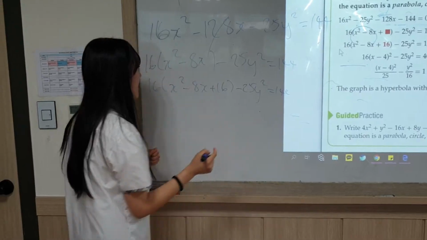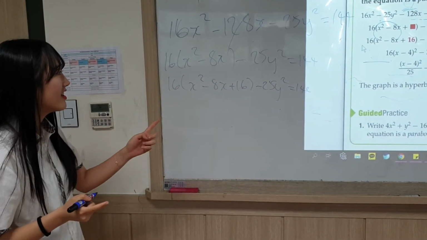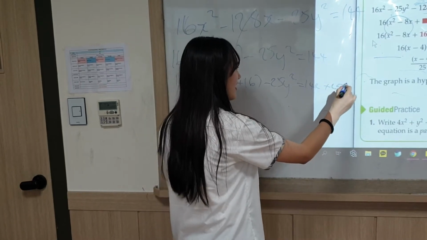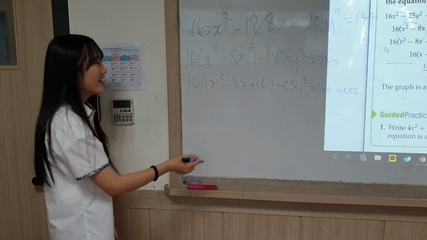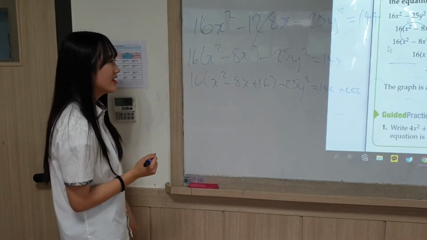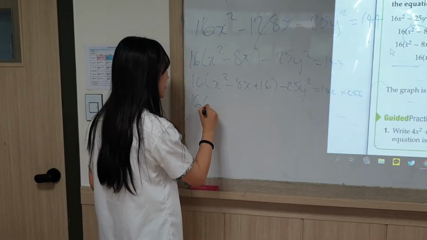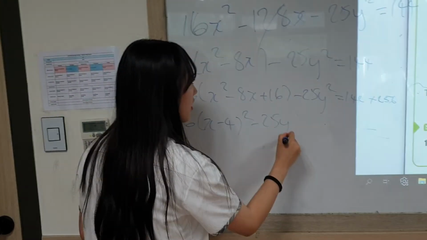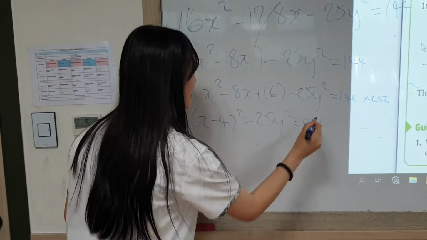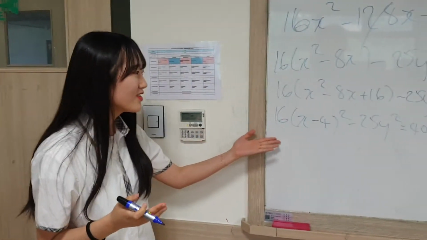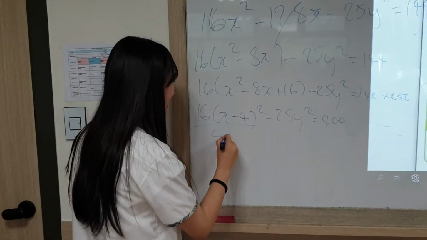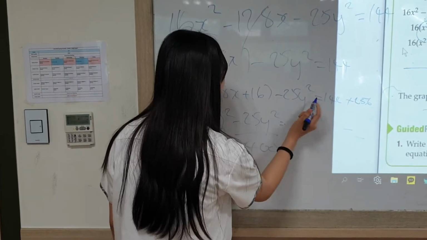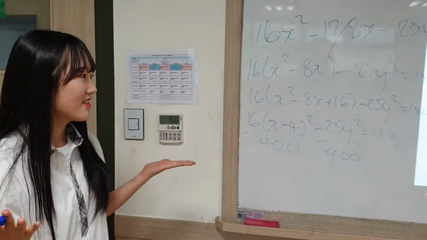And then we can add 16 times 16, which is 256, and which is equal to 400. So we can rewrite this like this. And because we have something to divide, we're going to divide x and y by 400, and it becomes 1.